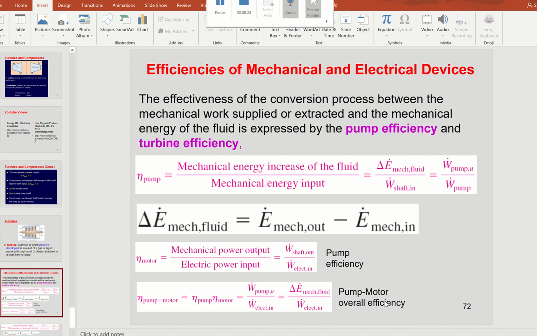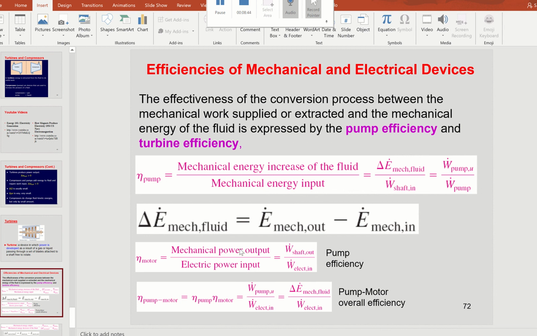And often the motor and pump are connected. They are coupled, so they are in tandem. In other words, you have a motor first, and then you have a pump. Why do we do so? Because you plug in the motor, so you have electrical power input.